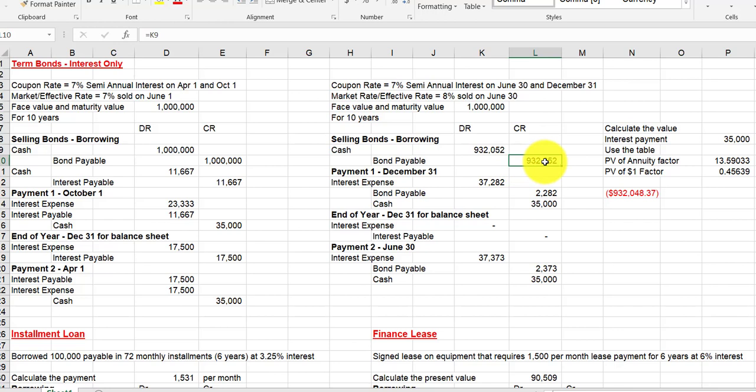Same amount for bond payable, so they're going to be equal under this scenario, just like they were over here, but for a different amount because of the different terms. Now, a shortcut, you might say, is to do this in Excel with the whole thing quickly.